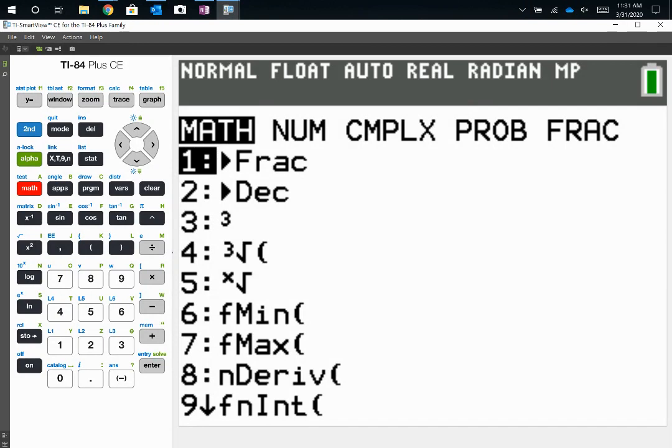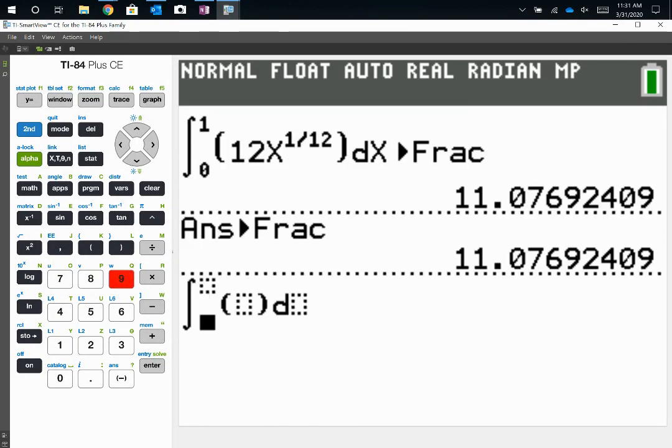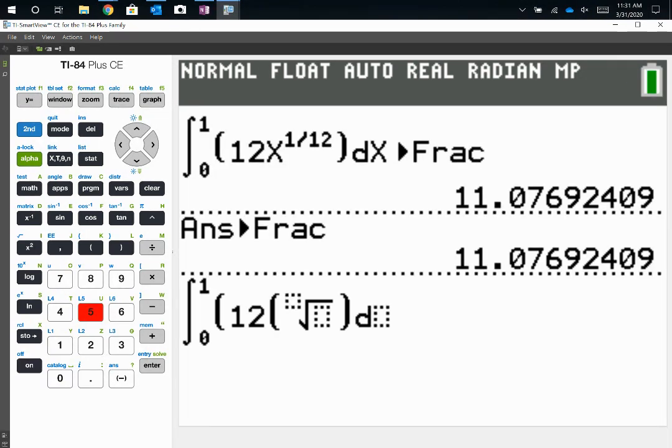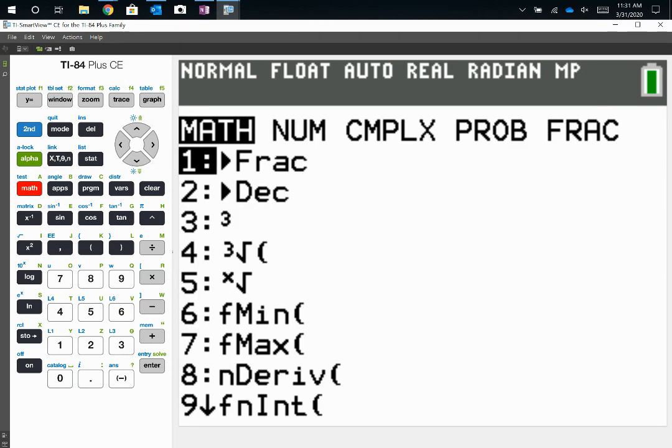Math, 9, 0, 1, 12, open parenthesis, math, number 5, 12, x dx, math, fraction.